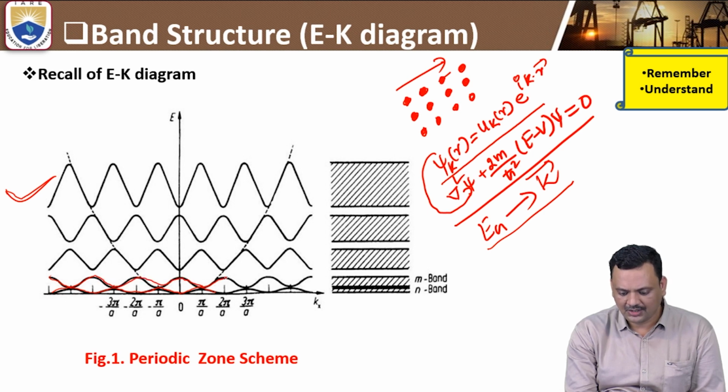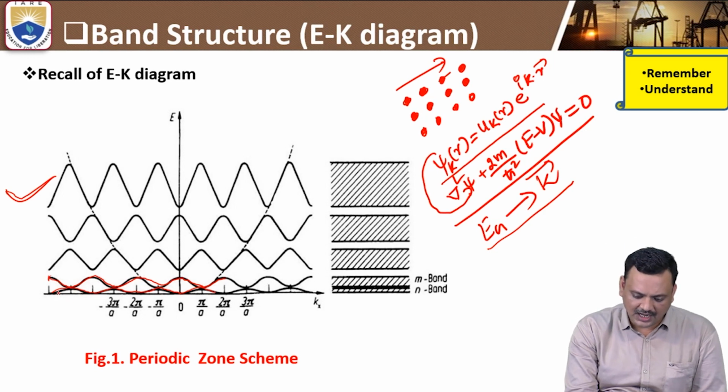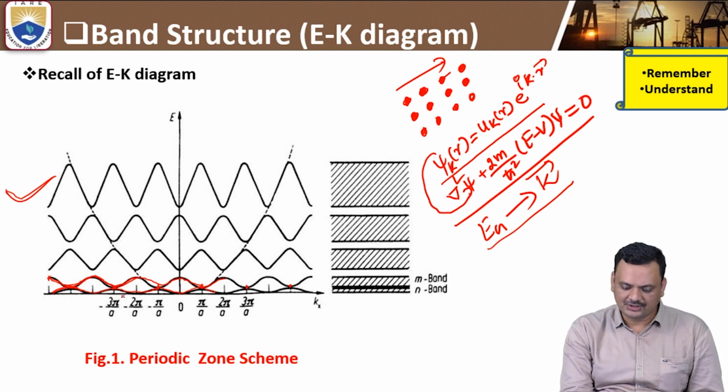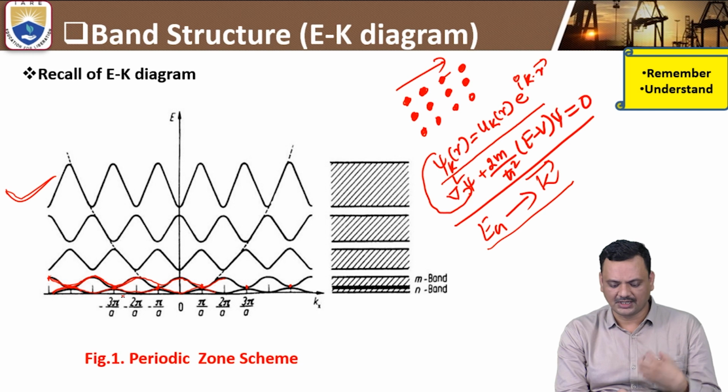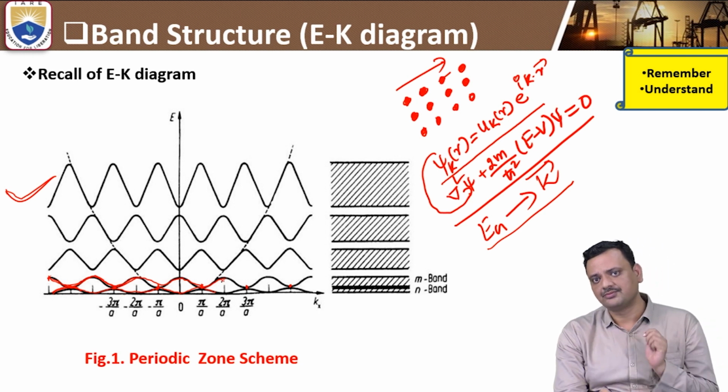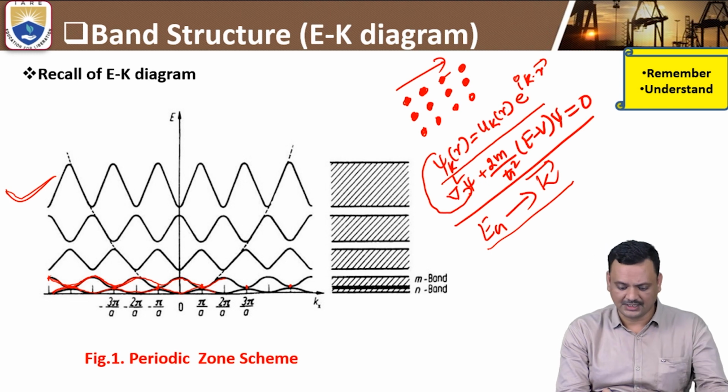Now you can clearly see from this figure that the first and the second allowed energy states touch each other at some points. Means there is no gap in these two states, so we can consider that these are part of the valence band states.